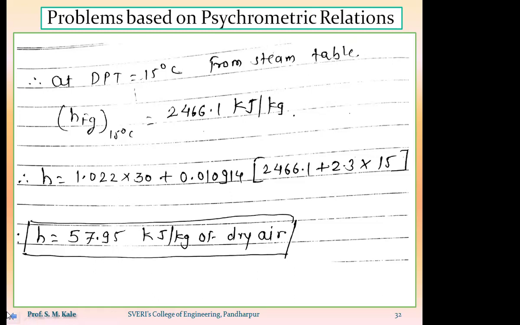Please write yes or no. Only 2 or 3 students are writing. Okay, so we'll take the next problem.